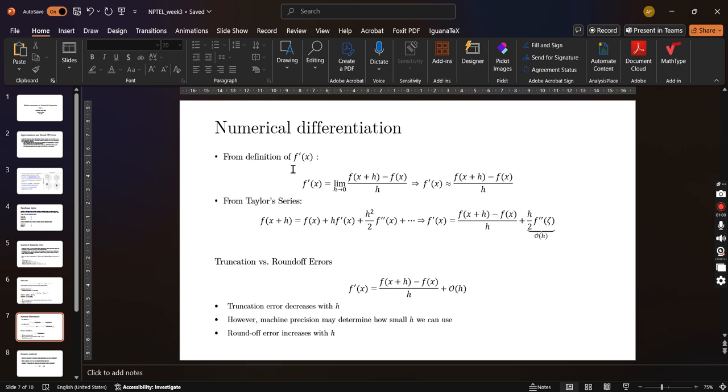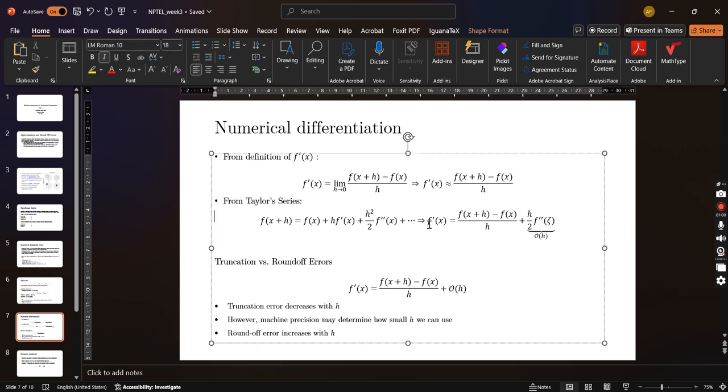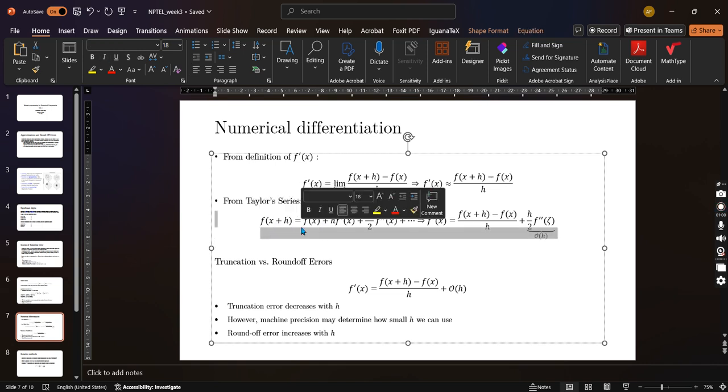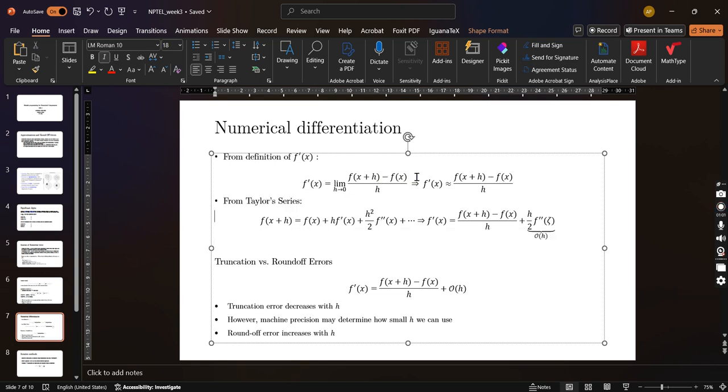If I want the first derivative of this function, I can just truncate all these terms and consider these three terms. So f prime of x becomes f of x plus h minus f of x, divided by h, and if I take the limit of h tending to 0, that is, for a very small value of h, I can approximate f prime of x as this, right?